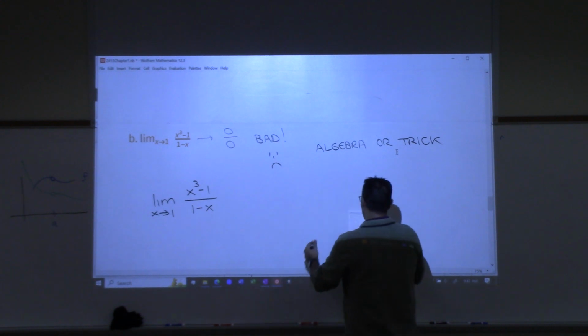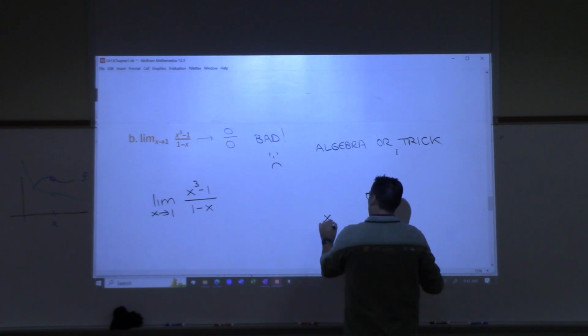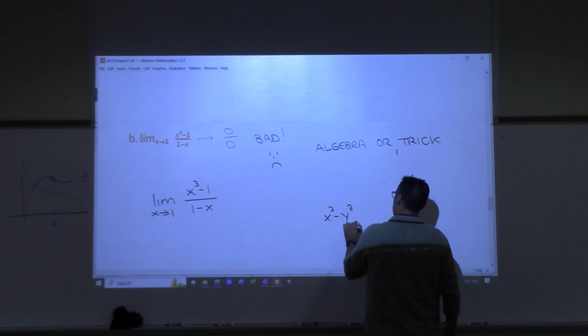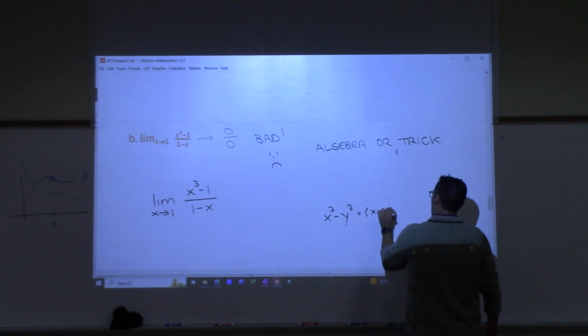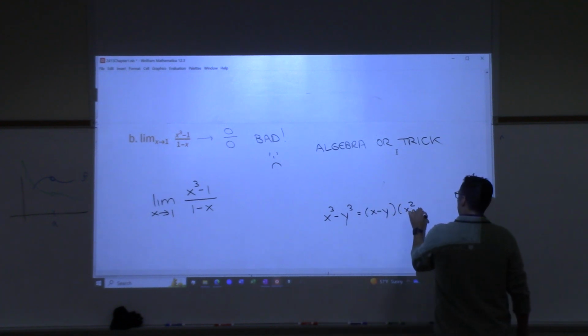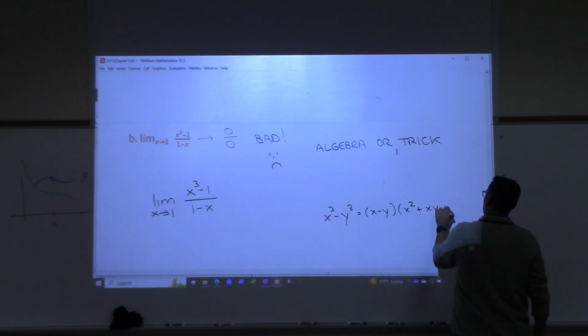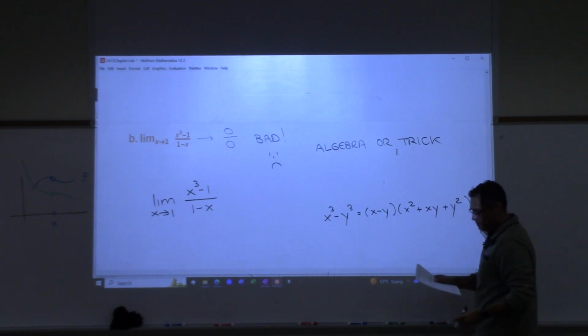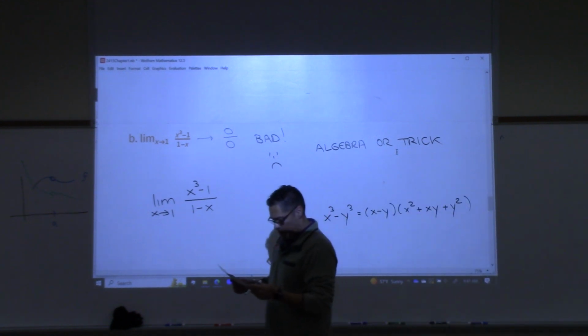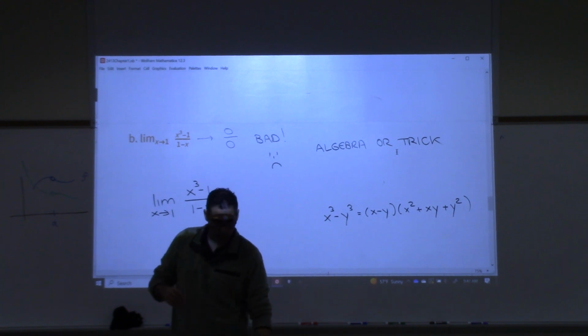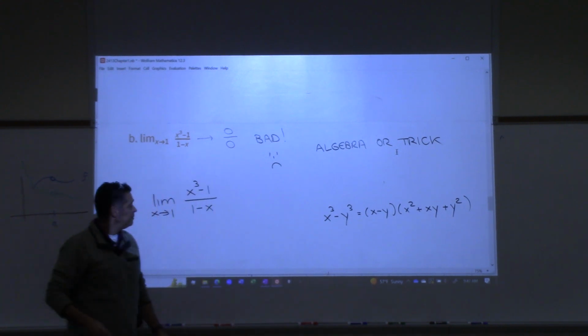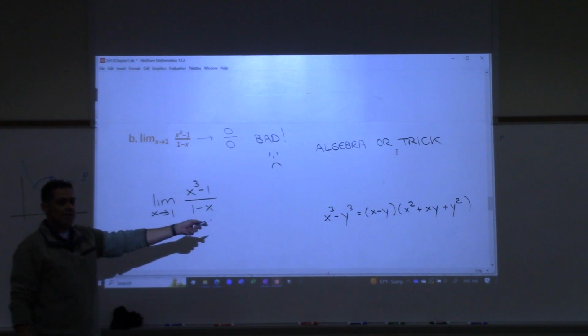There's a formula here that says x cubed minus y cubed equals x minus y, times x squared plus xy plus y squared. Do y'all see that there? That is the difference of cubes formula.